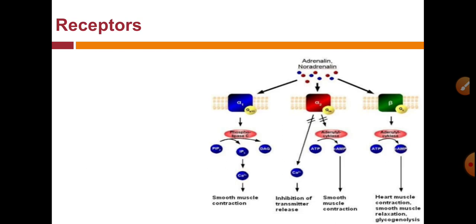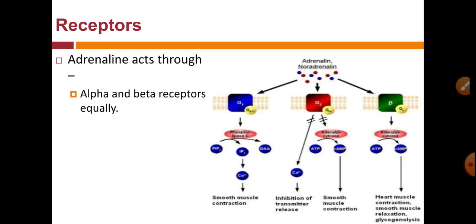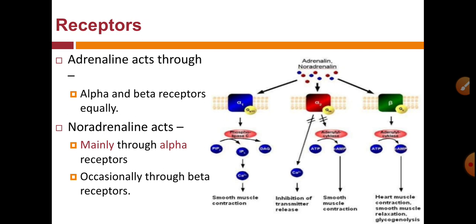So let us see with the diagram. Adrenaline acts through alpha and beta receptors equally, whereas noradrenaline acts mainly through alpha receptors while occasionally through beta receptors. That means on the target cell, various alpha and beta receptors are present for binding with the adrenaline and noradrenaline hormones.